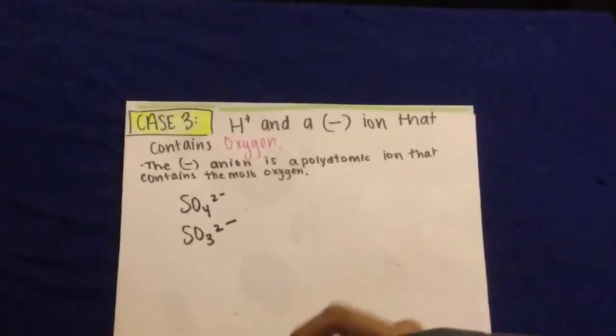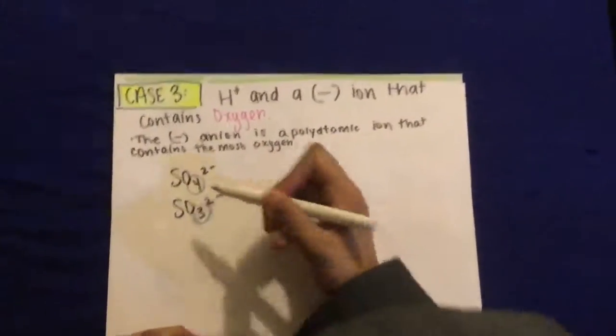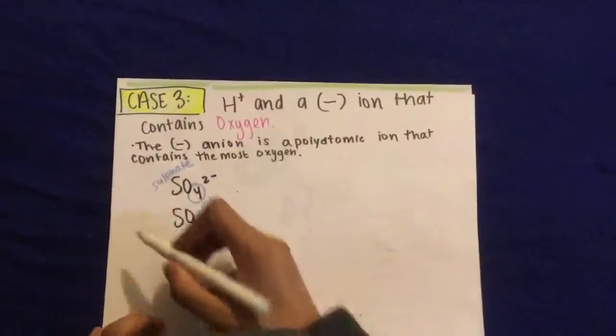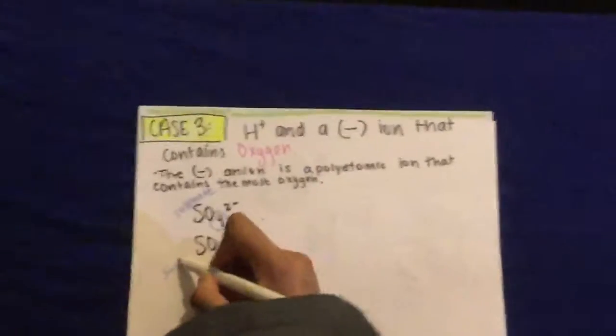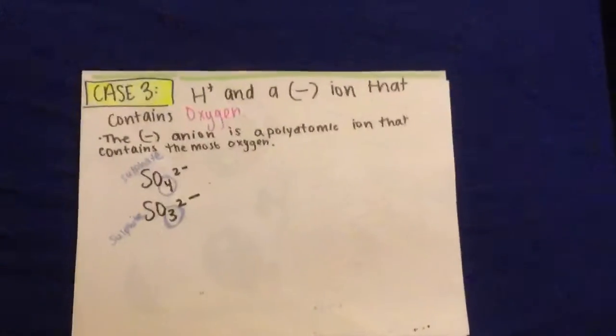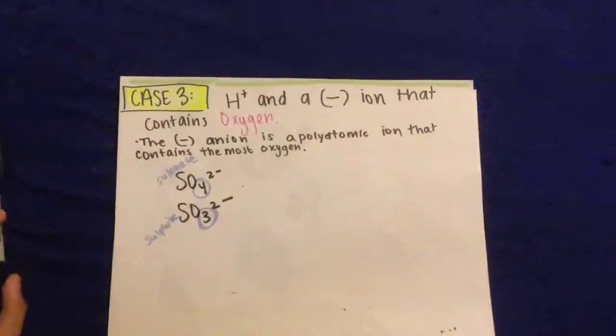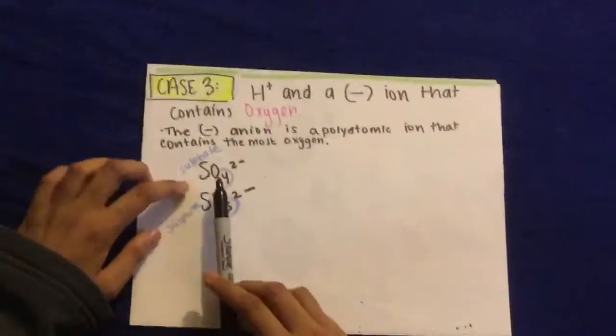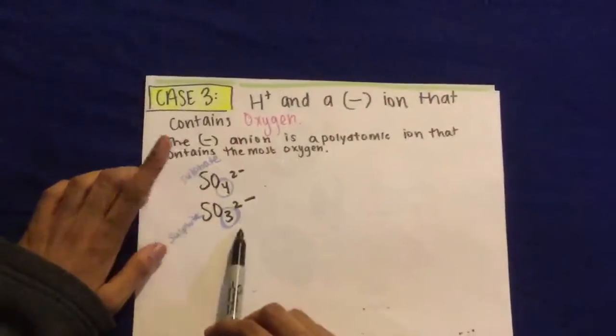As you can see, sulfate right here, our friend sulfate, actually sulfate is probably not your friend. Hopefully you're not friends with a chemical substance, but sulfate contains one more oxygen than sulfite.